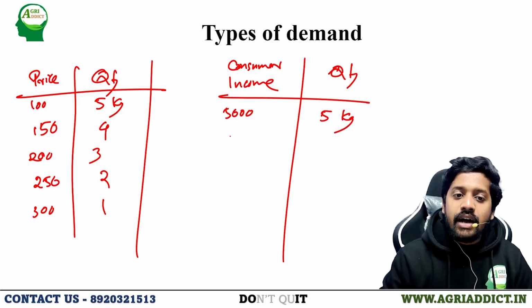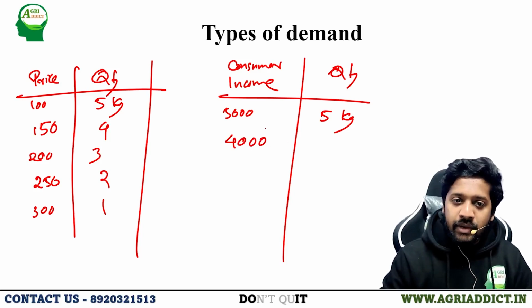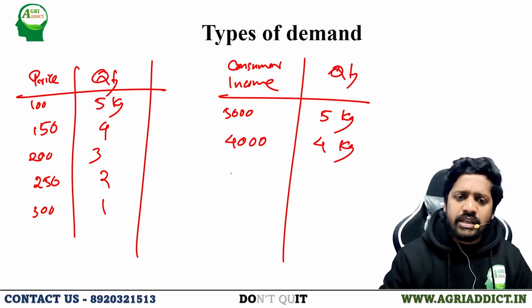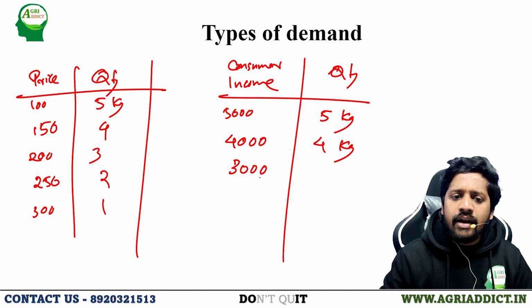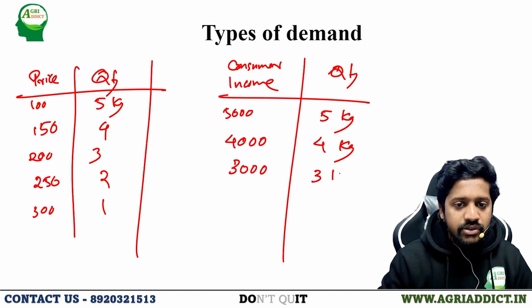If I am having some 4000 rupees, my income is less than this, so I will be purchasing only 4 kgs. If my monthly income is 3000 rupees, again the quantity is going to reduce, to 3 kg.